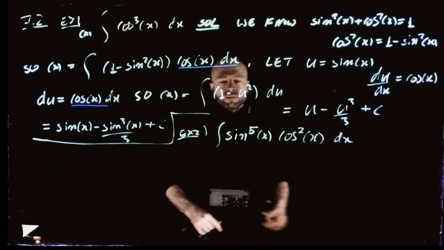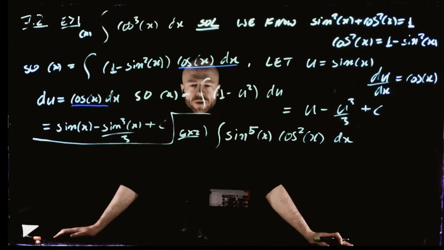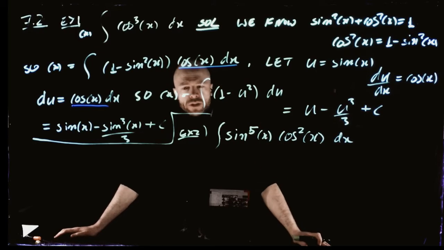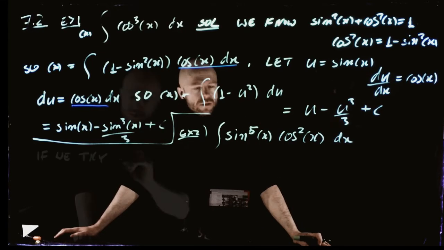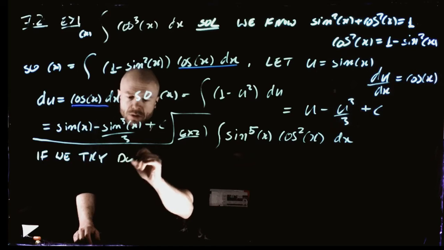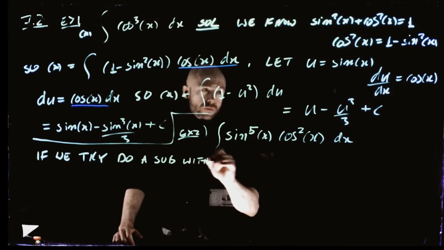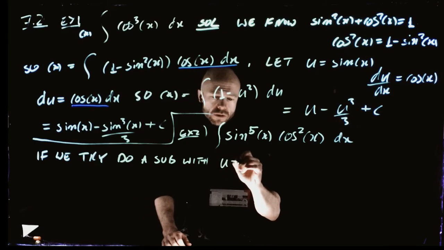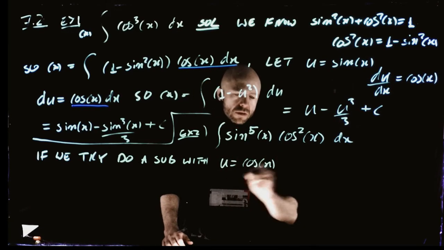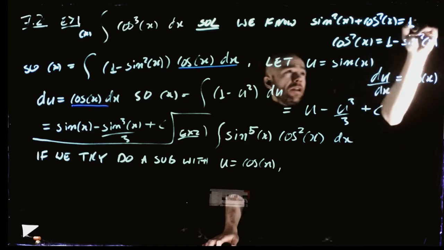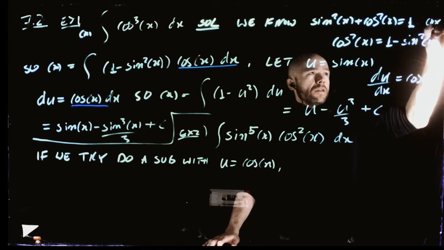Look at this for a second. Do you have any suggestions of how we're going to handle this? Do a sub with u equal to cosine of x, then use this identity. Let's call this thing star star.